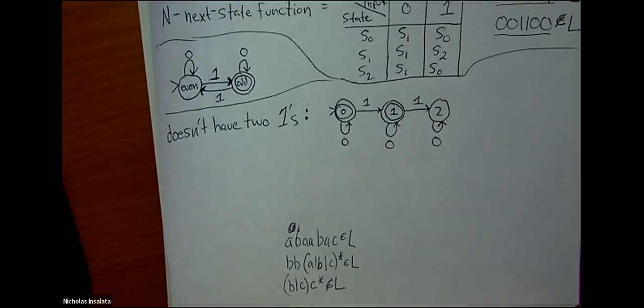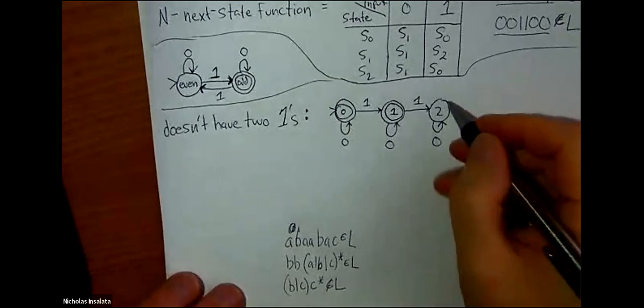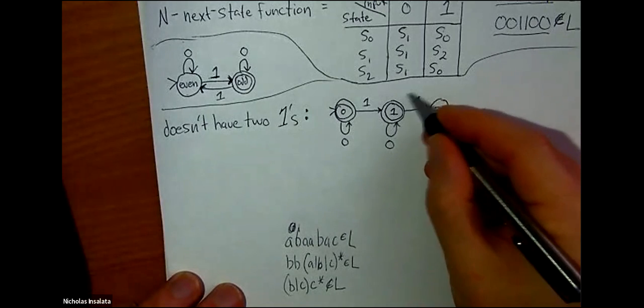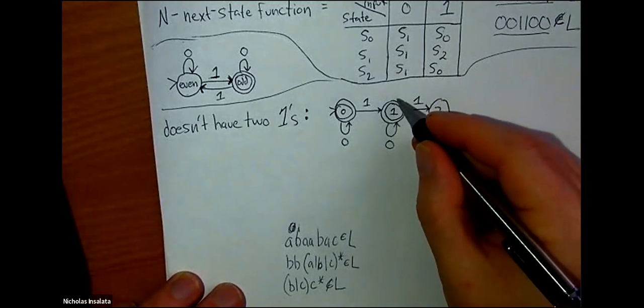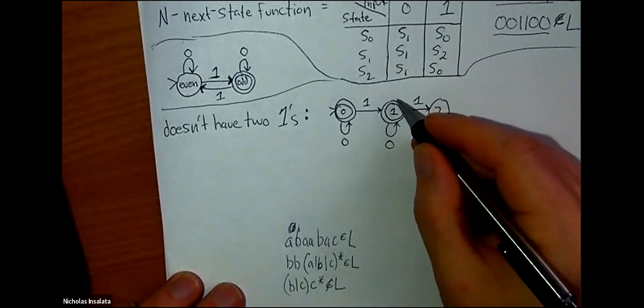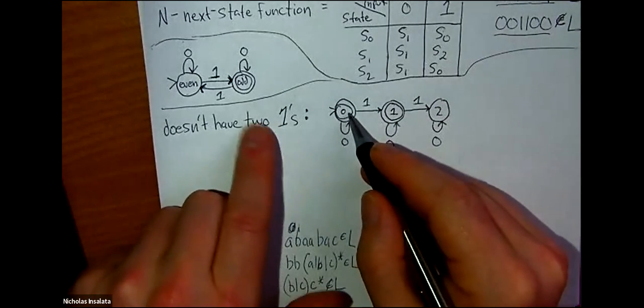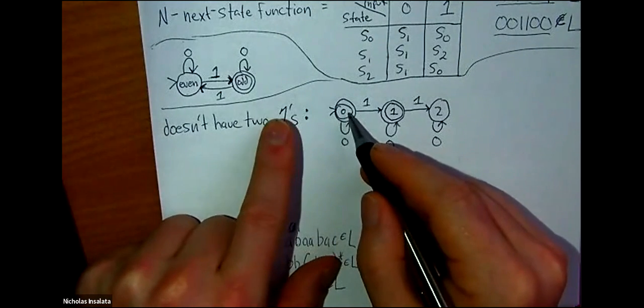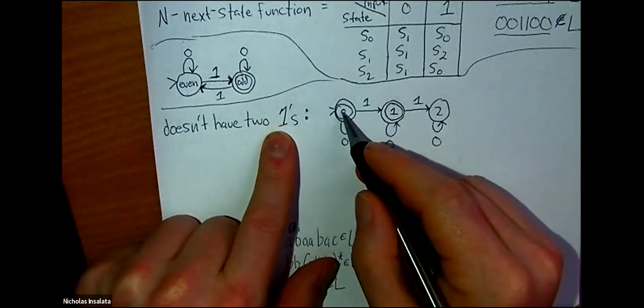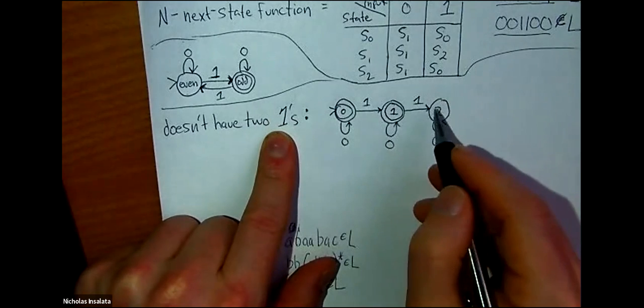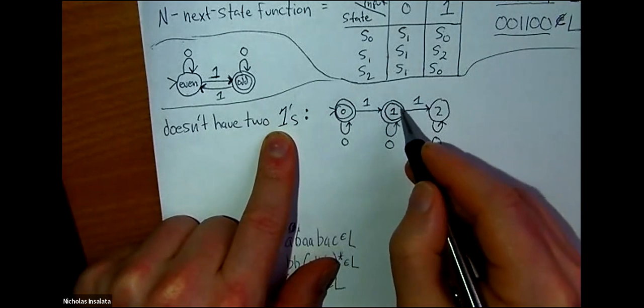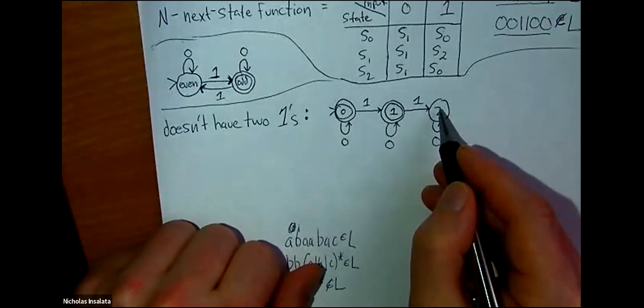Okay, we want to go to a new accepting state that has 2 loops on it. The reason why we don't want to take our 1 arrow out of here and come back is because what if we had a string with 4 1s? Then it should be accepted because it doesn't have exactly 2 1s, it has 4 of them. So let's see what would happen. We would go first one, second one, third one, fourth one, right?